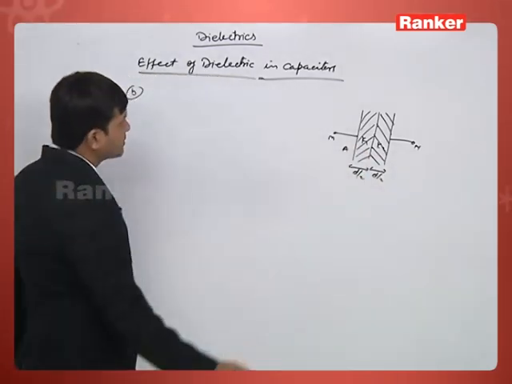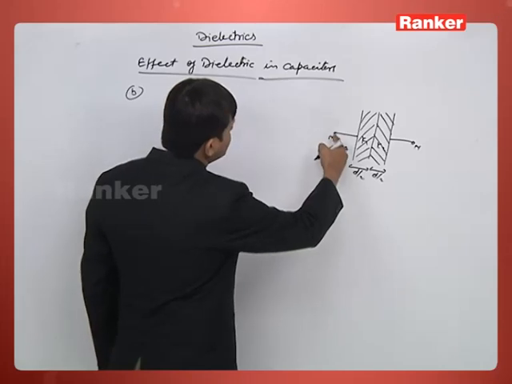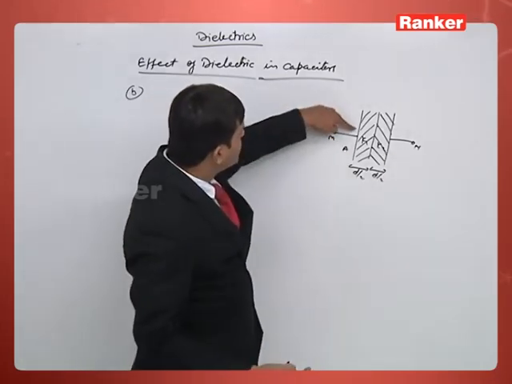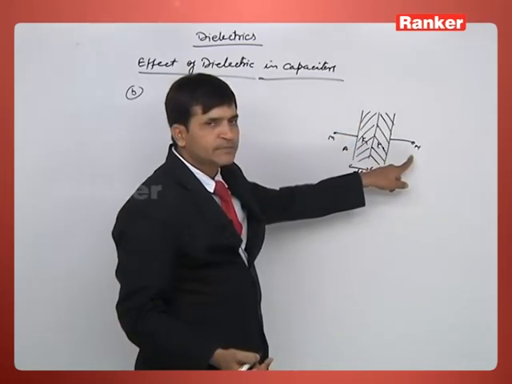See, equivalent capacitance means we are connecting a battery between M and N. So whatever charge goes in here, that will come out through this.